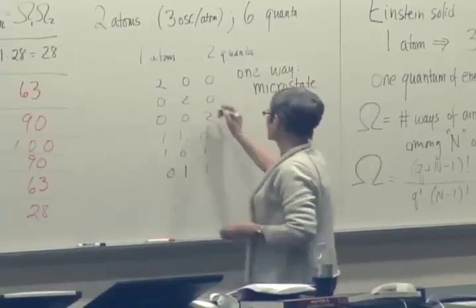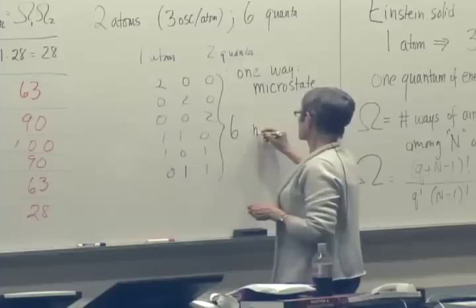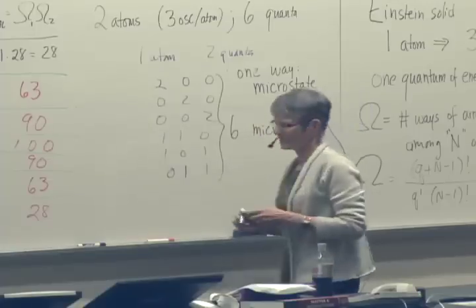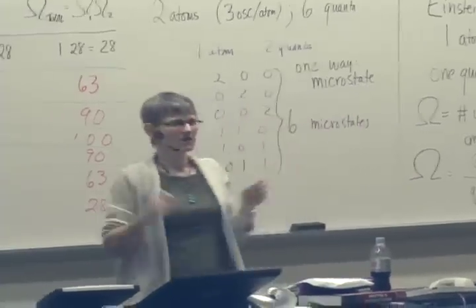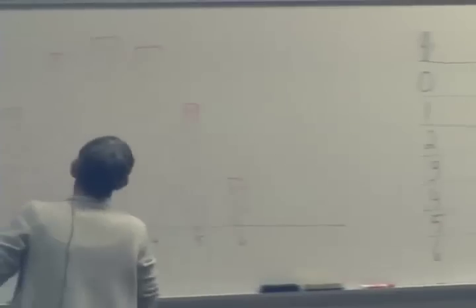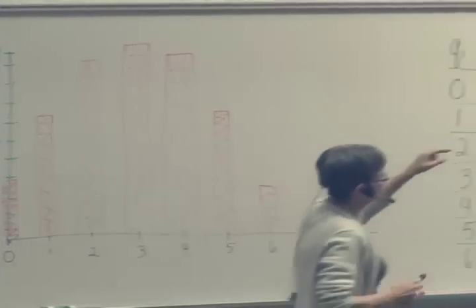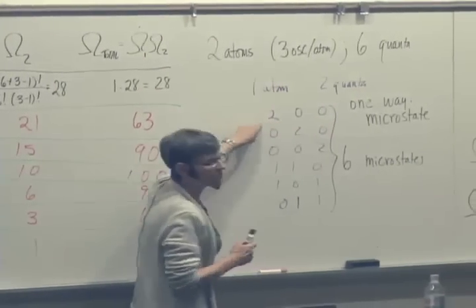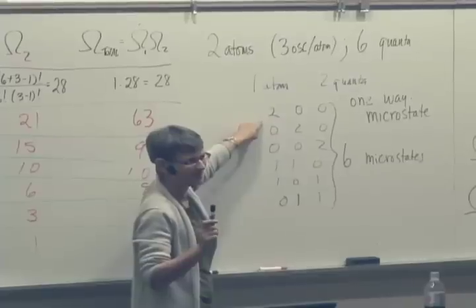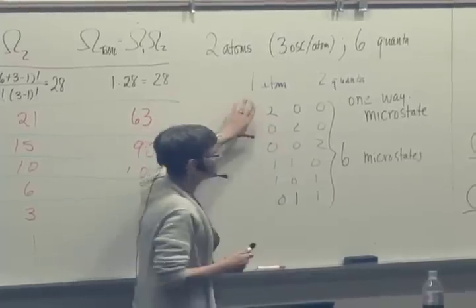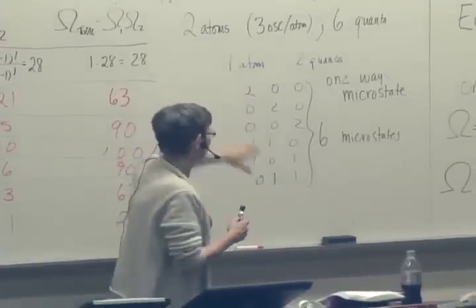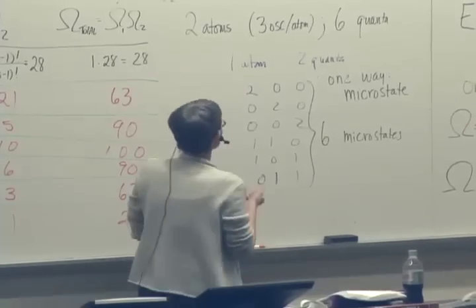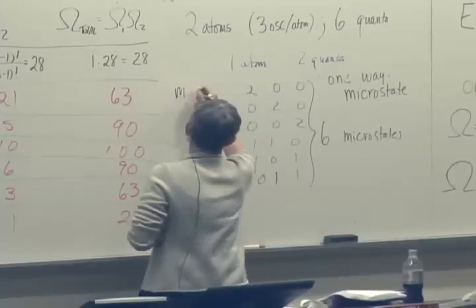So here we have 6 microstates. And each way of distributing energy, we'll get there in a minute. So if each microstate corresponds to a given macrostate, what's a macrostate?